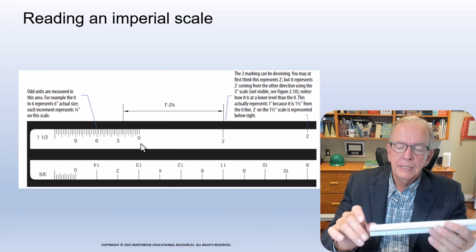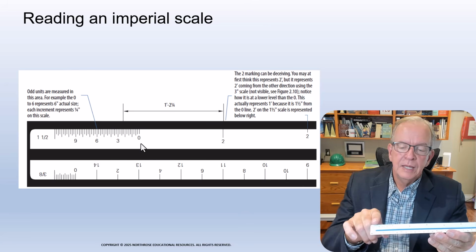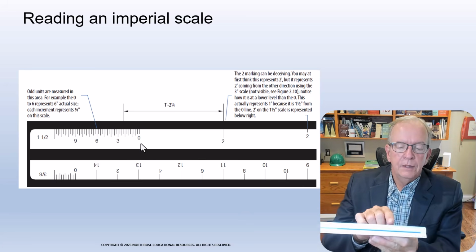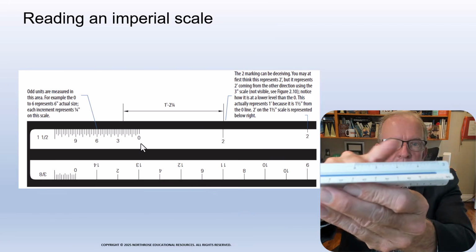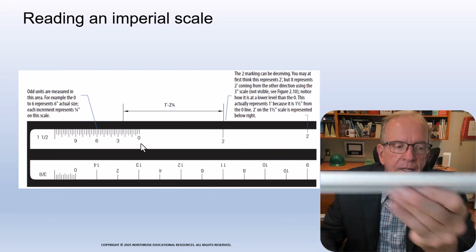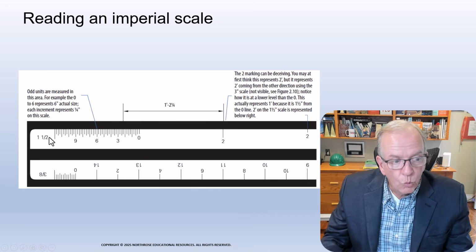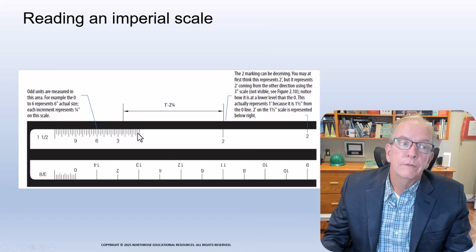But basically, at the end, you have a measurement that you can sort of see. And that measurement at the end is always going to represent a foot. So this always represents a foot. This always represents a foot in real life. It's scaled down, and it means 1.5 inches equals a foot in real life.